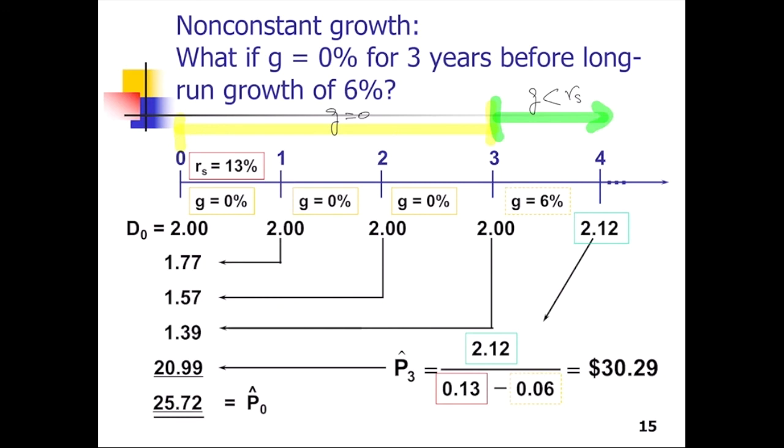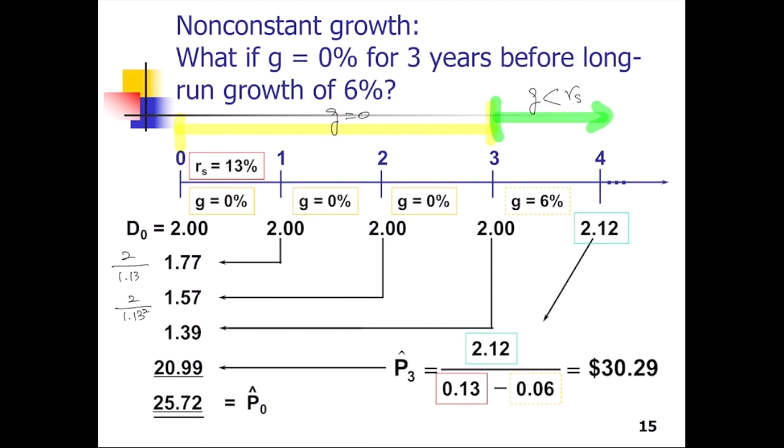So the year 1, 2 divided by 1.13, right? Because the discount rate is 13%. And the second one, 2 divided by 1.13, discounted 2 times, right?